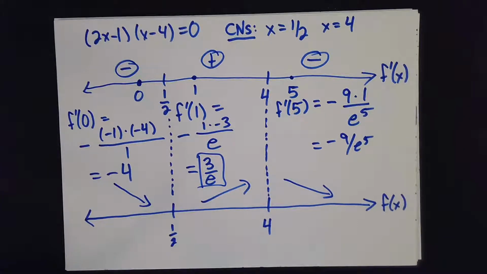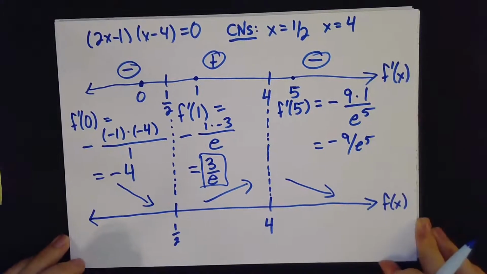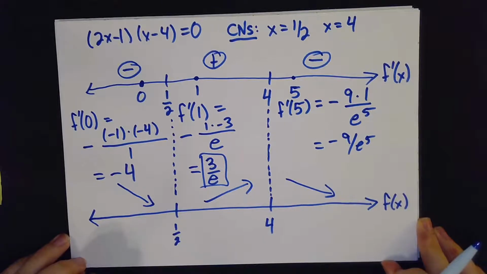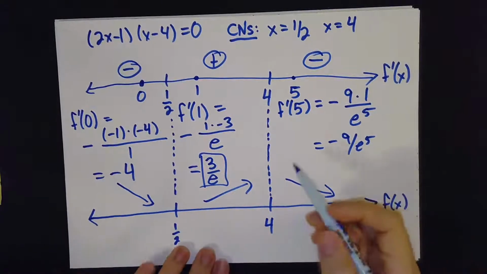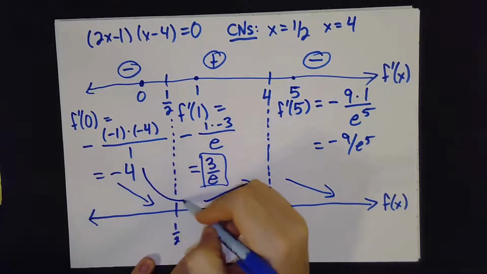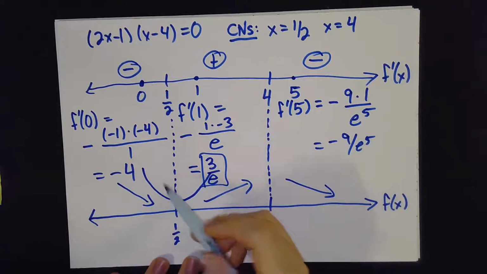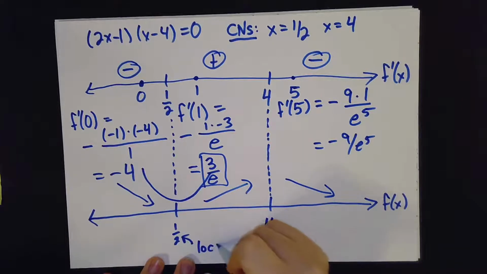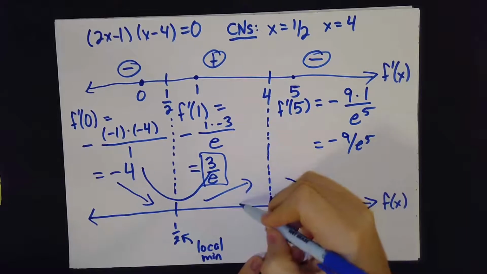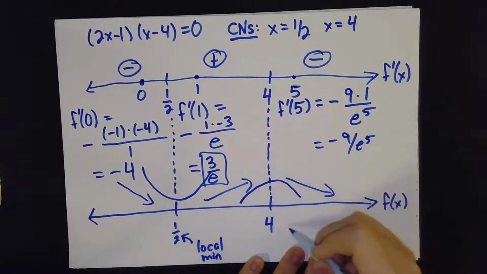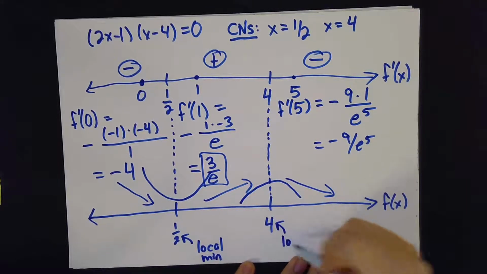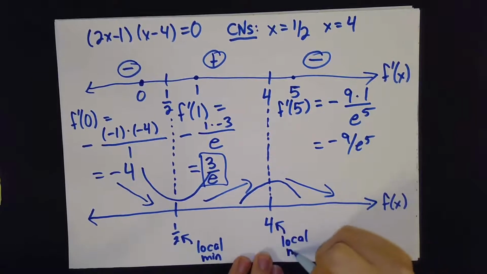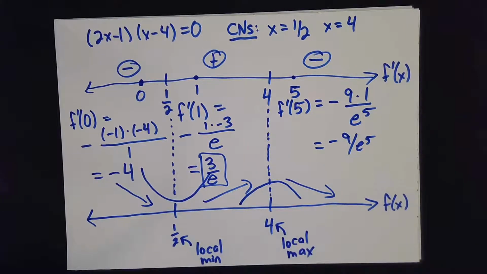And so we get really two pieces of information out of this. First of all, I want to note we learn that this is a local min because of this shape. And this is a local max, again, because of the shape.